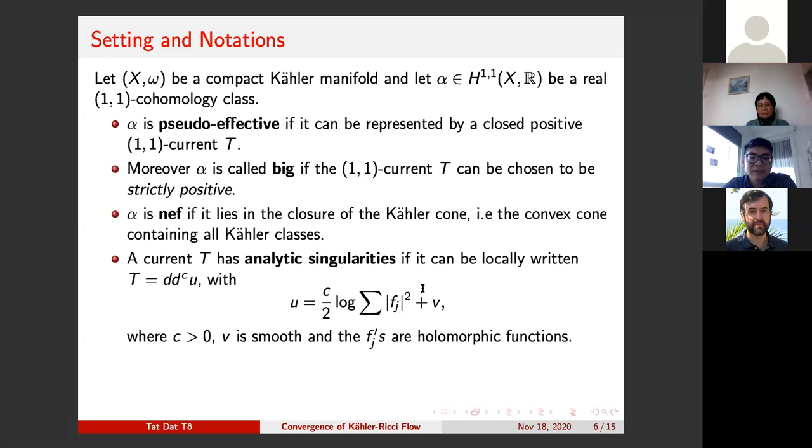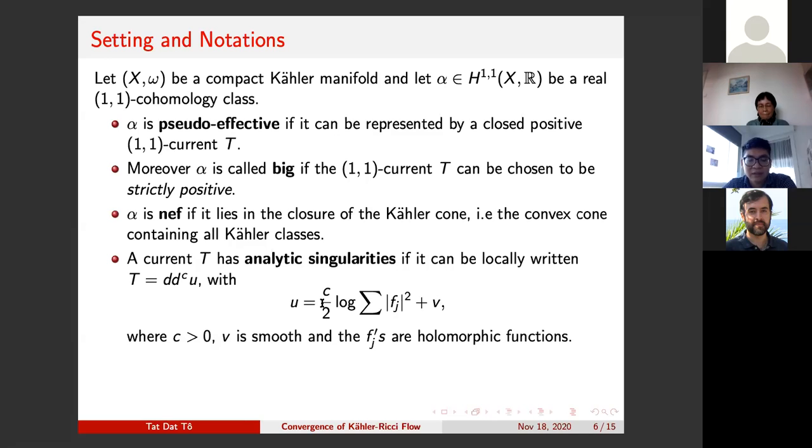And here we say that a current has analytic singularities if it can be written locally as i dd-bar of some potential u, such that u is a sum of the log of the modulus of some holomorphic functions plus some smooth function.